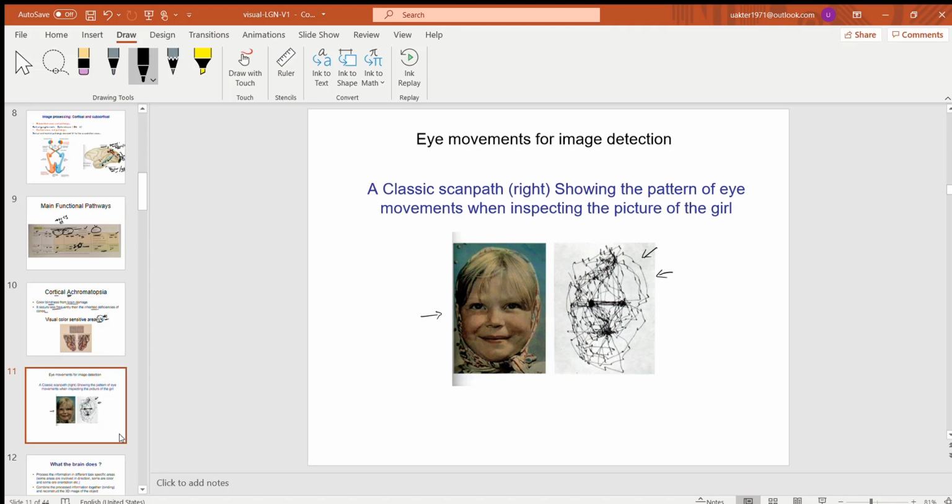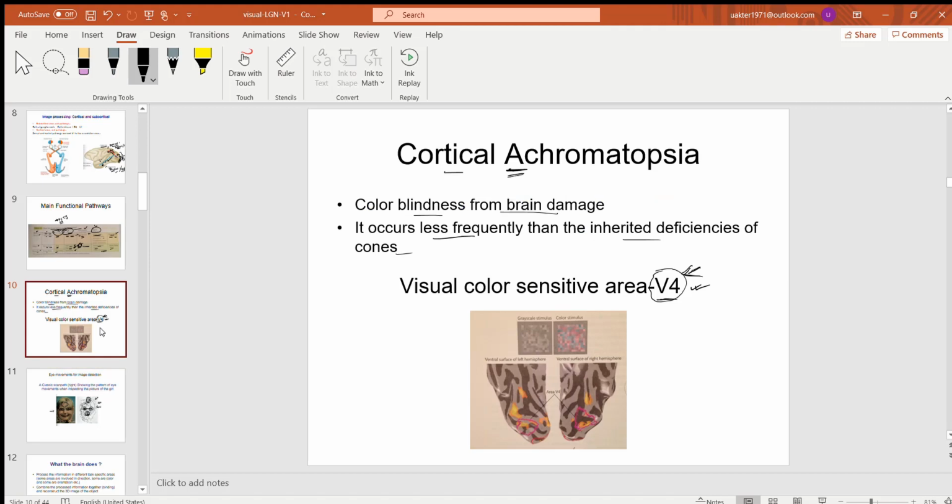You can see that the observer's eyes spent more time, or paid more attention, to those particular areas of the face, like the eyes and lips. So this is a very nice recording showing how the eyeballs move to scan the object when you see something.